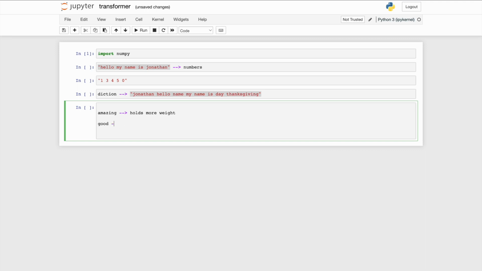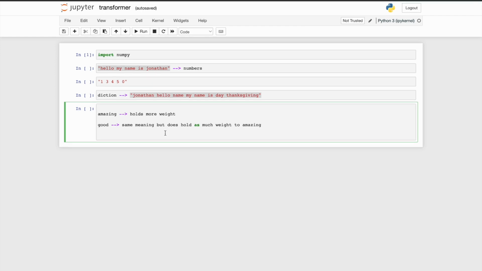And this word, good, has the same meaning, you're doing an okay job, but does not hold as much weight as amazing.